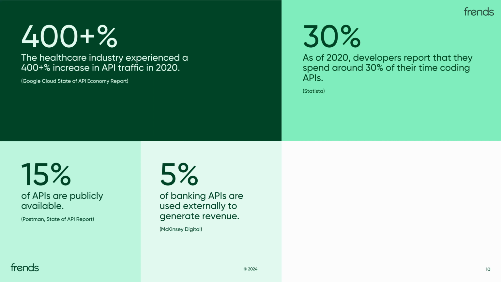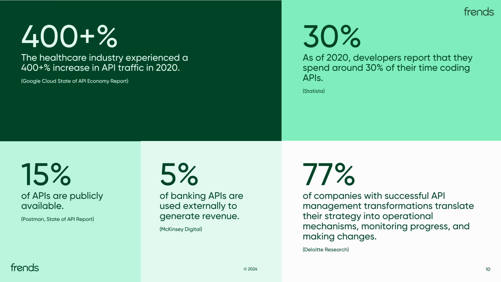And in 2020, developers reported that they spend around 30% of their time coding APIs. As we know that the business matures and technologies mature, I can only guess that this number today will be even higher.